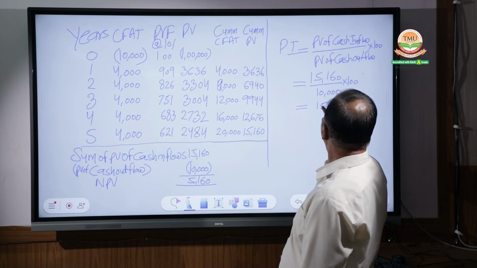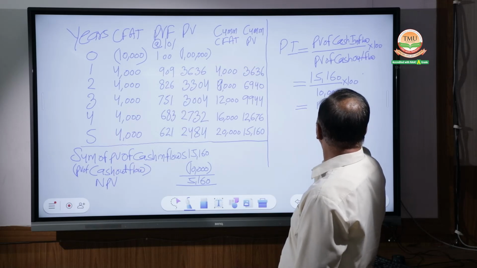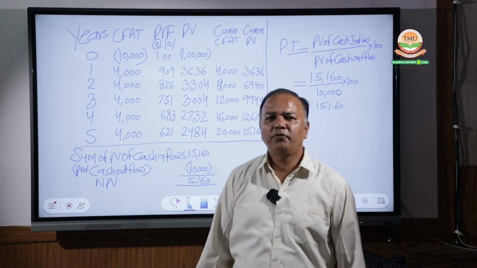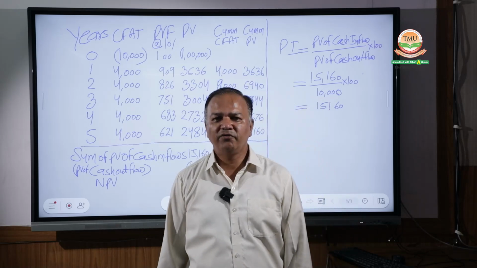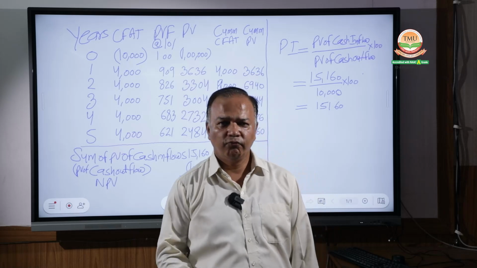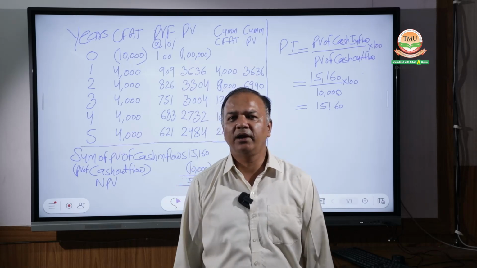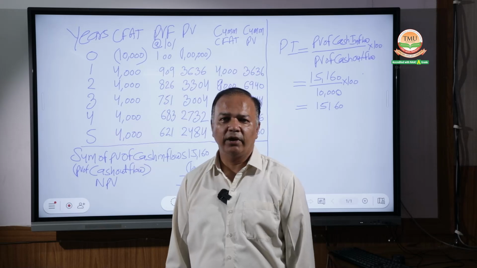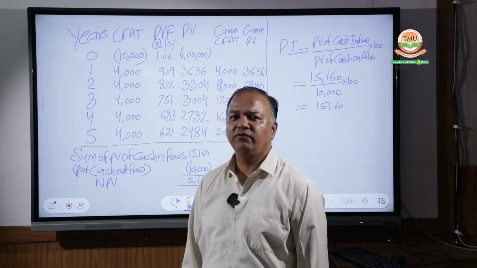It will be 151.60. So profitability index is 151.60. Now we have done 4 calculations for the numerical. Now we have to calculate internal rate of return. This is the final thing which we have to calculate.